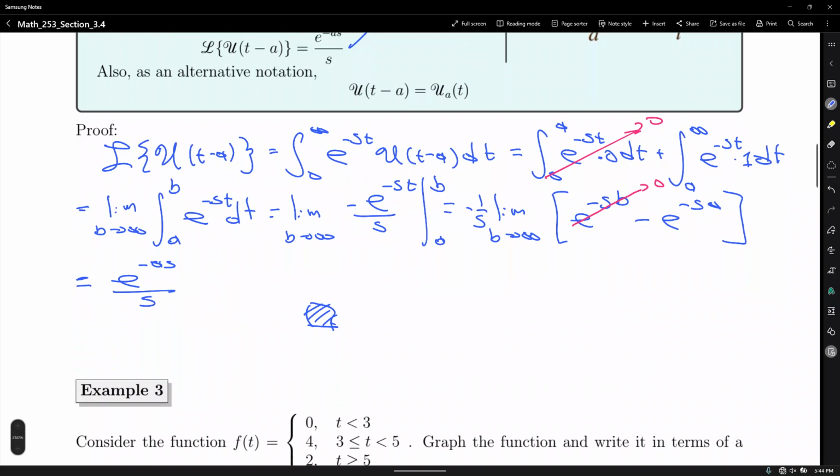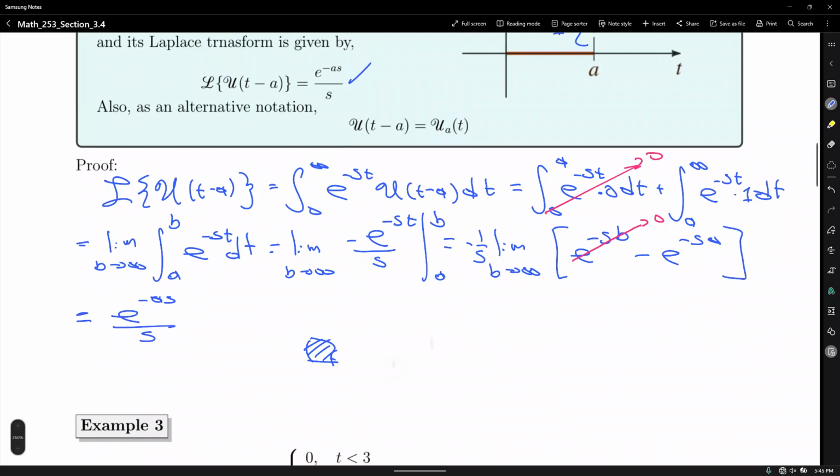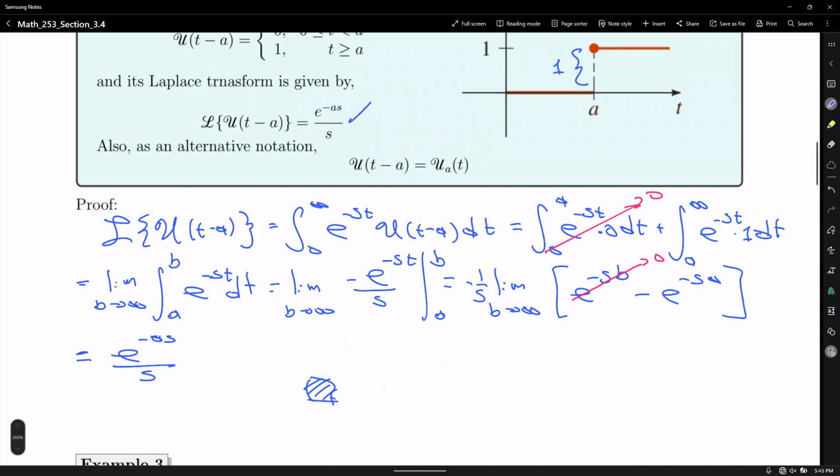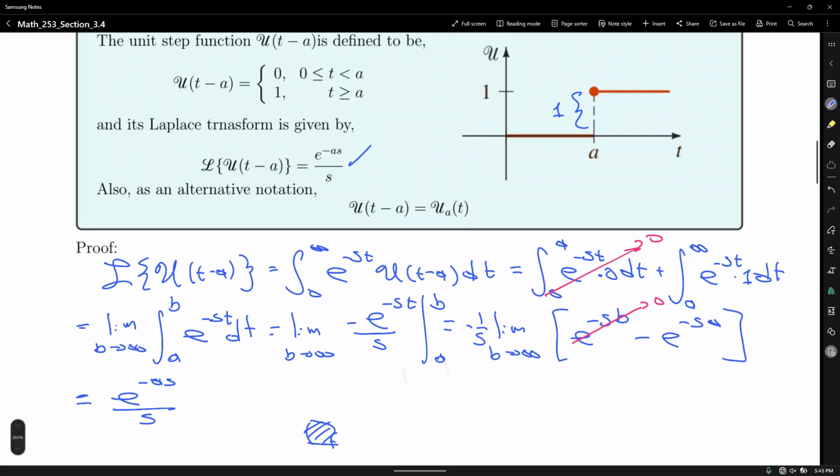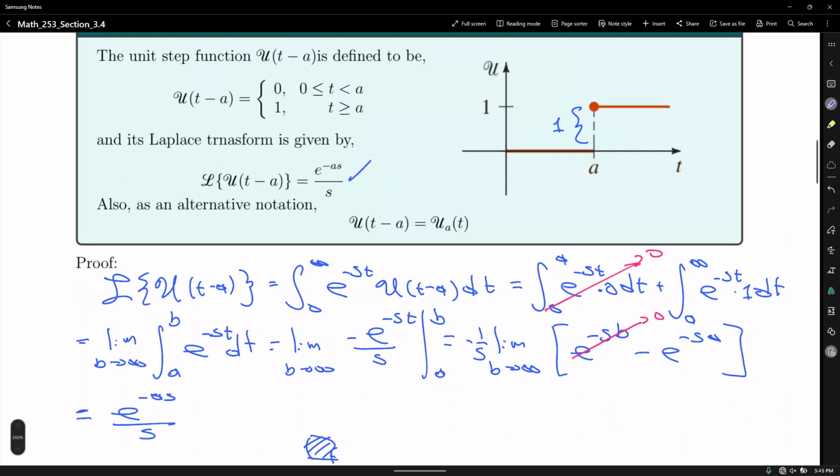Well, let's have a look at some examples. Let's talk about these jump discontinuities, what do they represent? You can think of these piecewise functions as signals being modeled, or maybe lights turning on and off. For instance, in this case, we care about the domain from 0 to positive infinity. We don't care about the negative domain.